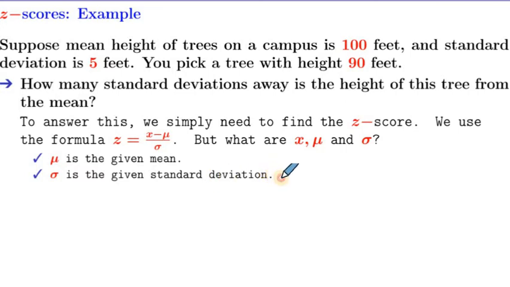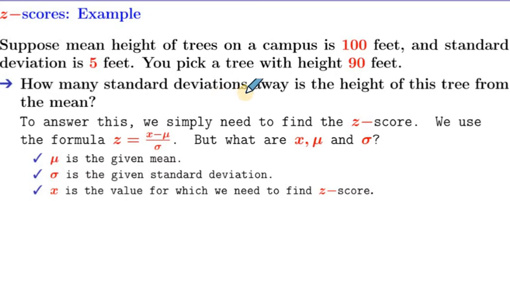And sigma is the given standard deviation, which is this. And x is the value for which we need to find the Z-score. In this example, this is our x. So our mean is 100, our standard deviation is 5, and our x is 90.